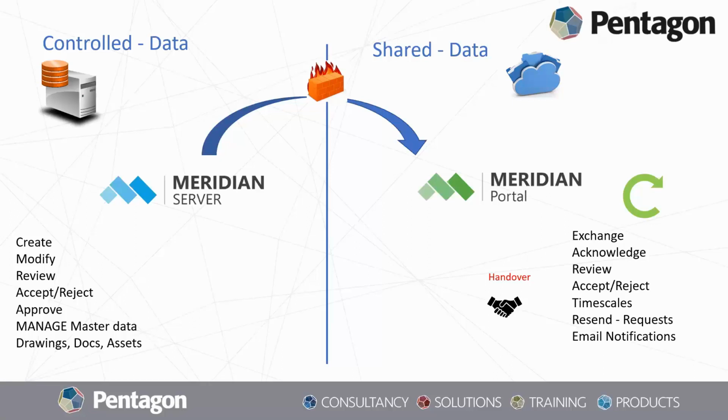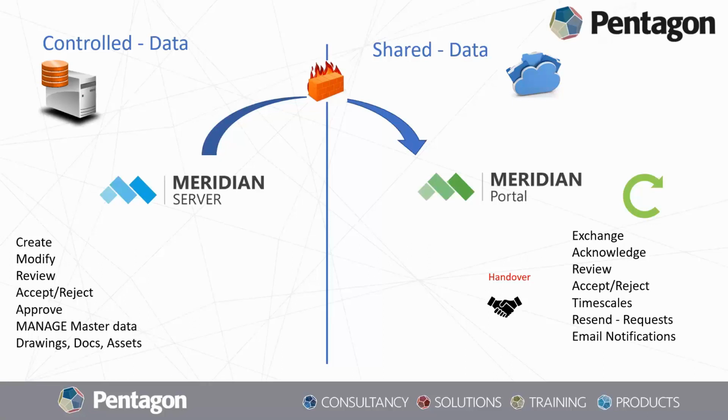the data, they review it, accept it, reject it again, push it back within certain timescales. Timescales can be set up by the document controller, and then requests can be resent, pulled back. Emails are automatically sent, so people are notified either outside to the external contractor and again back into the document controller when certain things are accepted or rejected.